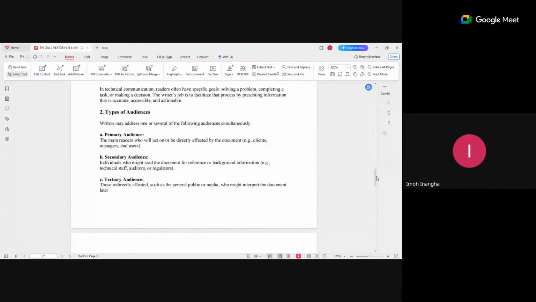Example, technical staff, auditors, and regulators. Now, you have the third one, which is the tertiary audience. Those indirectly affected, such as the general public or media, who might interpret the document later.